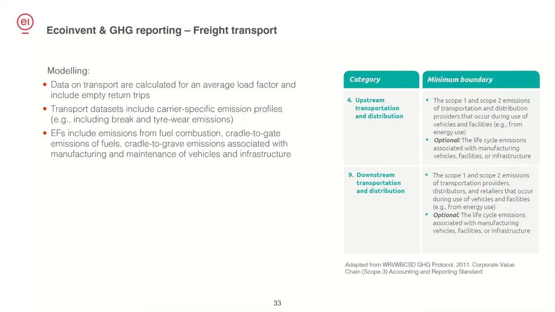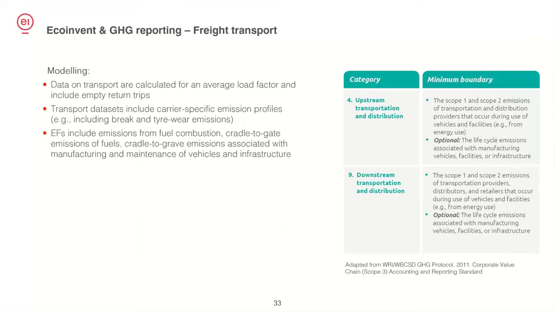Regarding the emission factors, freight transport datasets include the emissions from fuel combustion. They also include cradle-to-gate emissions of the fuels used, and they include the cradle-to-grave emissions associated with the manufacturing and maintenance of vehicles and infrastructure.